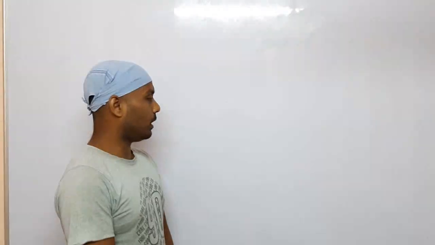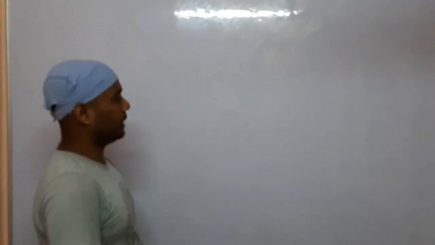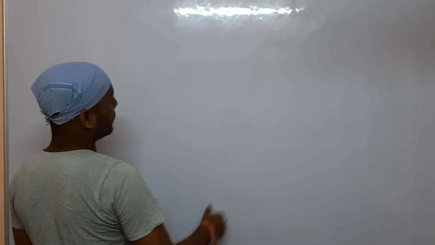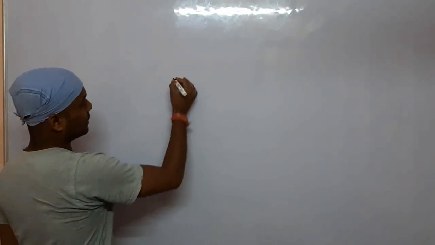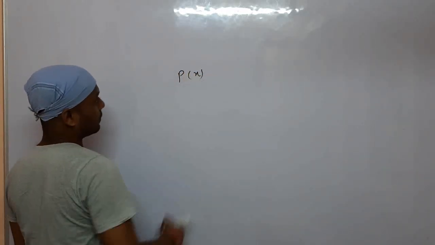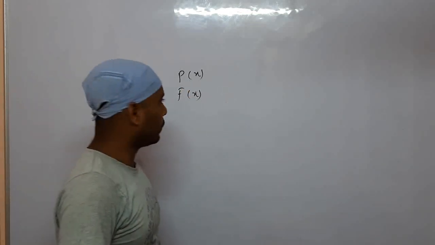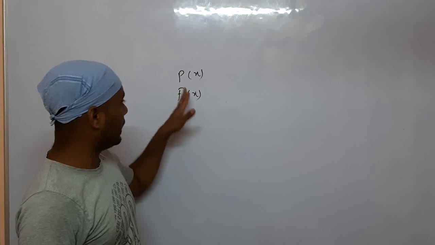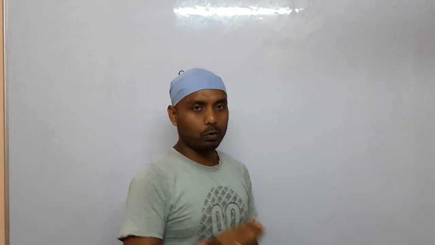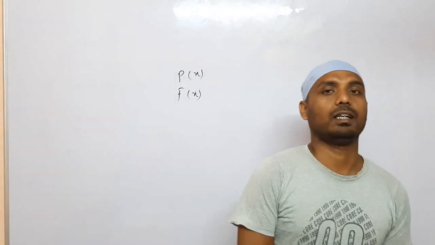So today, there is a lot of confusion in our minds. In the book, somewhere it's written in the form like this: p(x), f(x). We just read it simply as p(x), f(x), but what is it exactly?